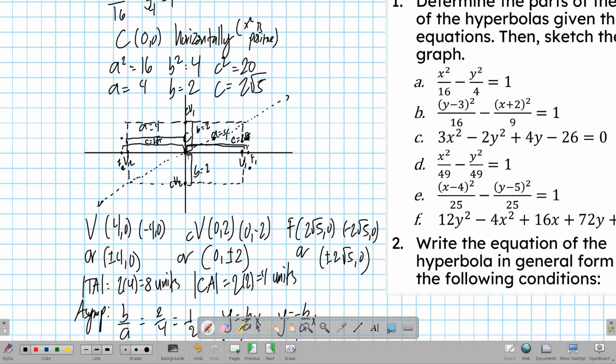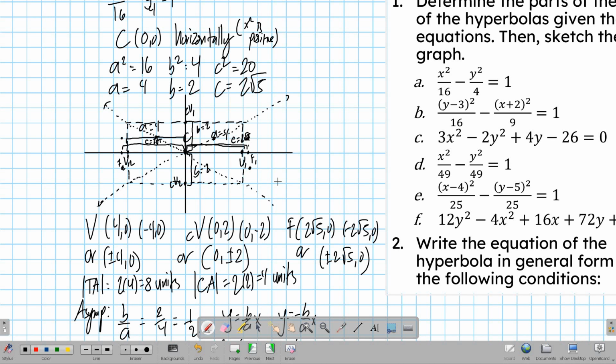So the other one, y is equal to negative 1 half x. So I can go up 1, then left 2 here. This one here and that one there. So these are our asymptotes that can guide our hyperbola.